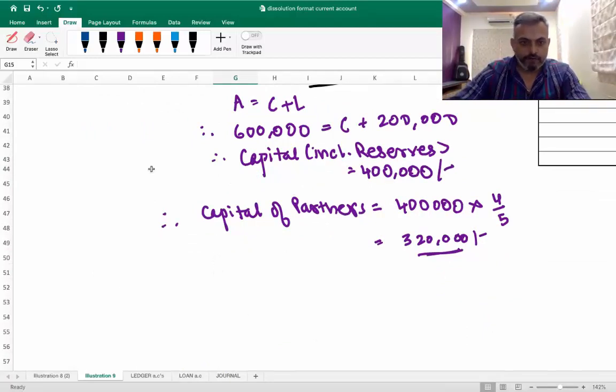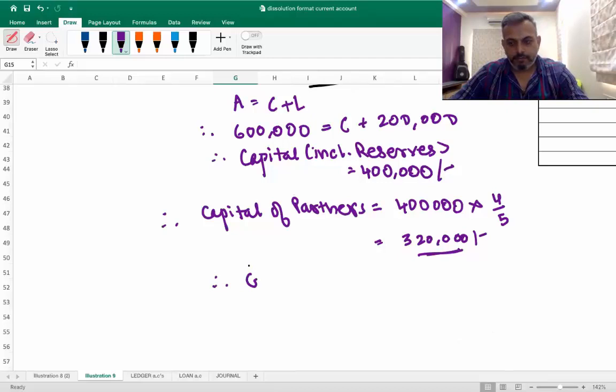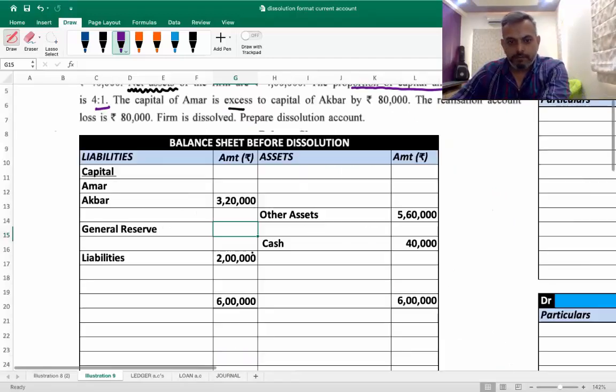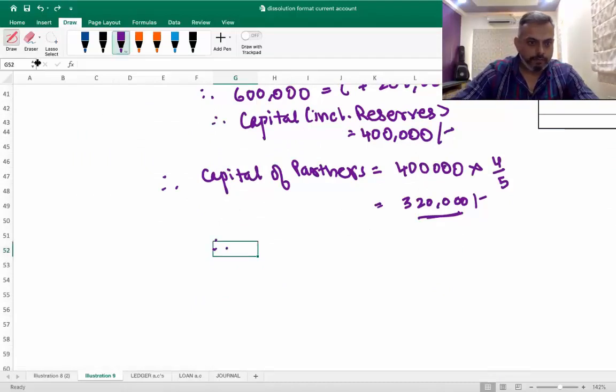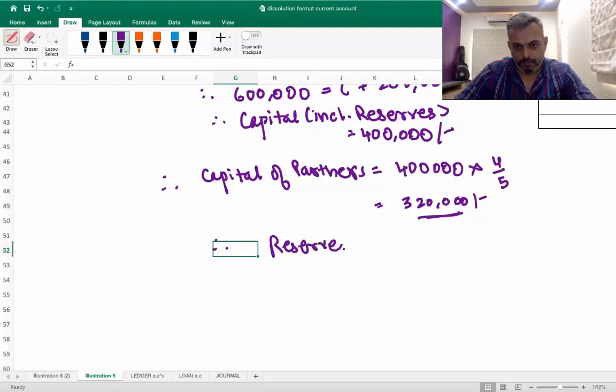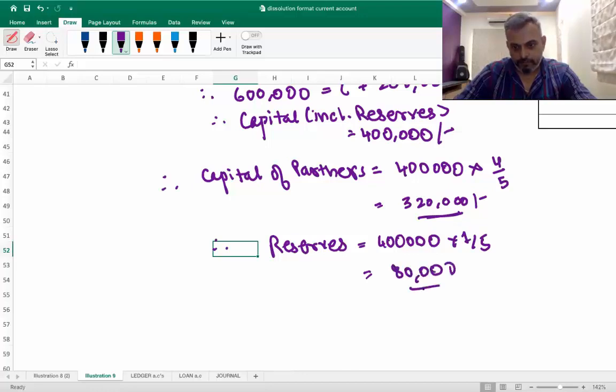So therefore how much will the reserve be? Reserve is equal to 4 lakh into 1 by 5, which is equal to 80,000. So transfer 80,000 to reserve.